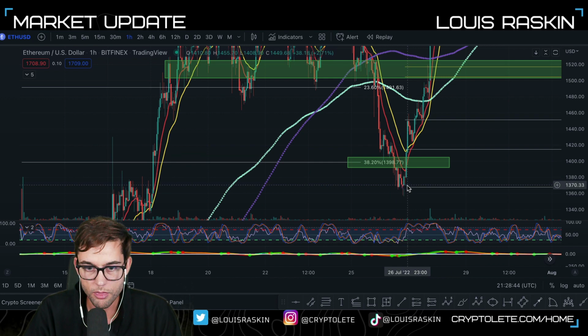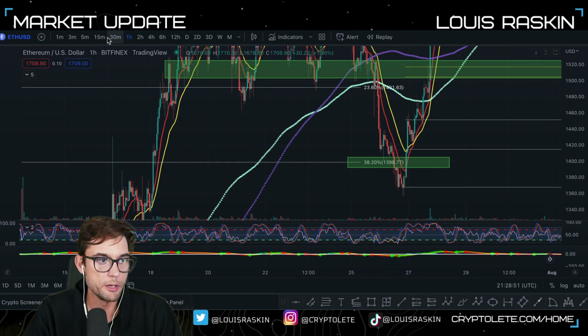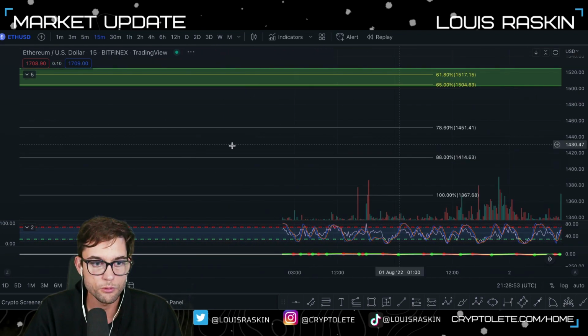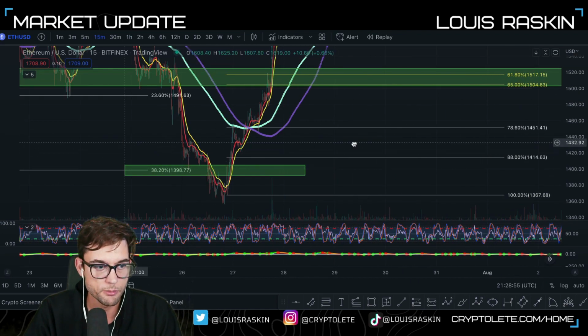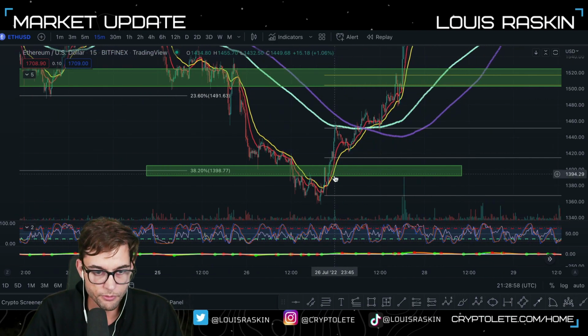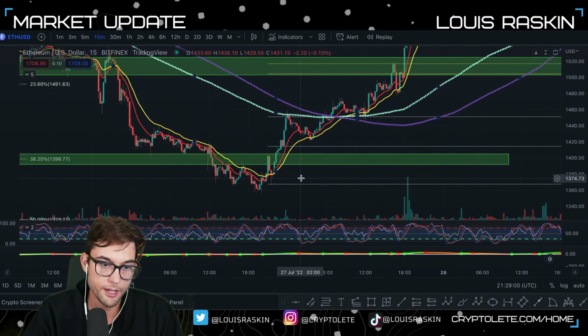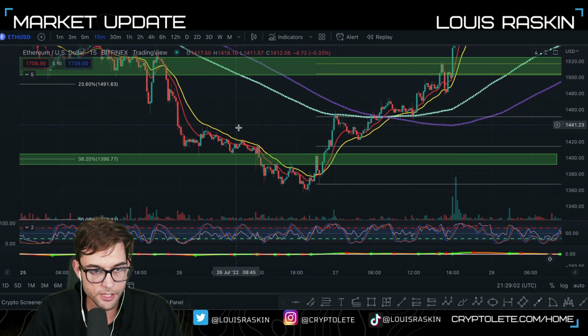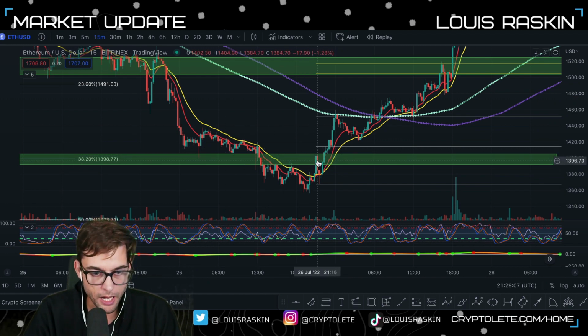But once this big market structure shift happened to the upside on the 1 hour chart, maybe even, like I said, I don't want to use the 15-minute chart, but it looks like the 15-minute chart is really what is happening a lot. Yeah, because on the 15-minute chart, you could have seen that this 38.2 right there, and it popped up above it.